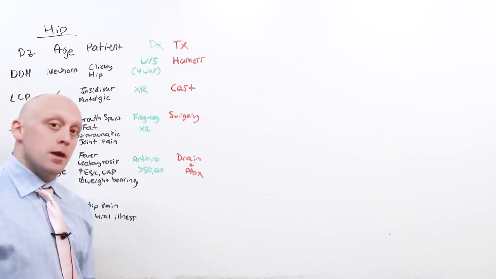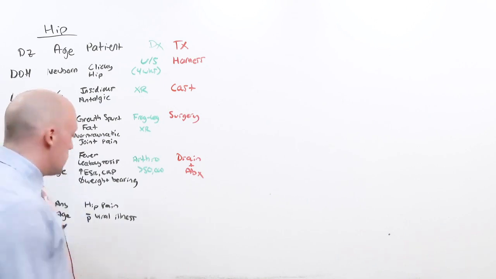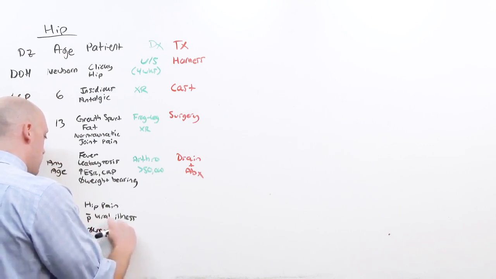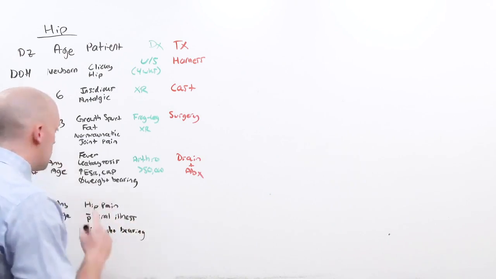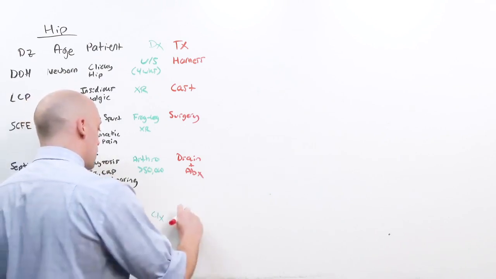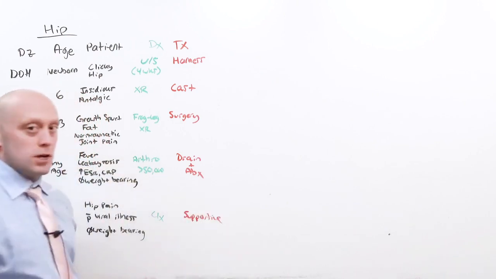Viral illness, and then a couple weeks later, hip pain. But that hip pain may be really bad, so you might see the inability to bear weight. For transient synovitis, it's a clinical diagnosis and you do nothing but supportive care. Give some anti-inflammatories and come back in 2 days. It should be better in 2 days.